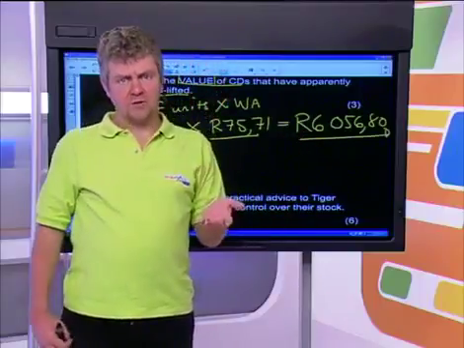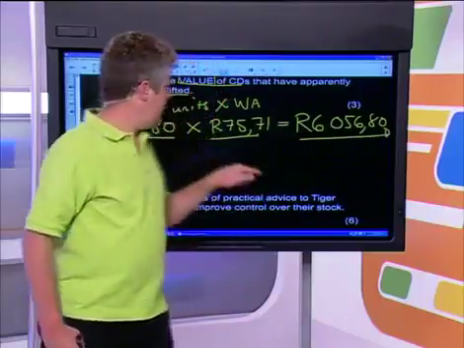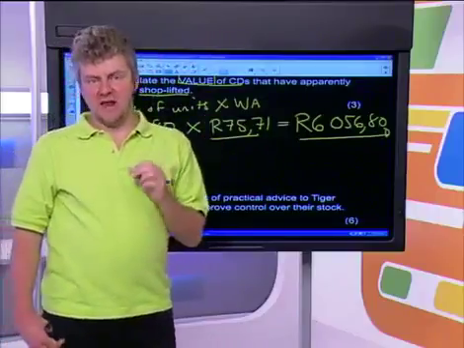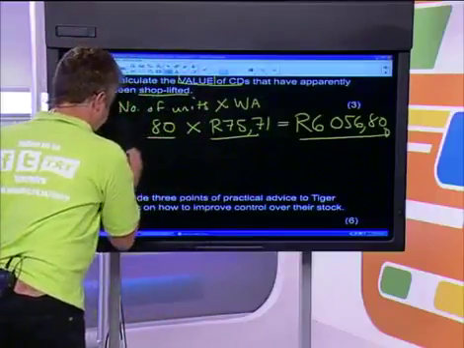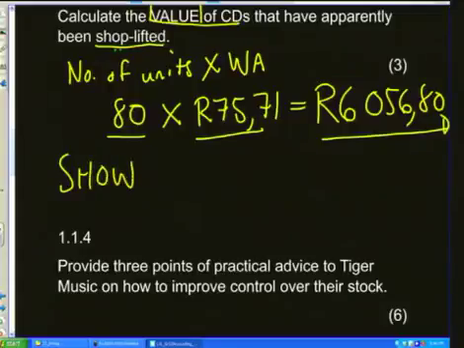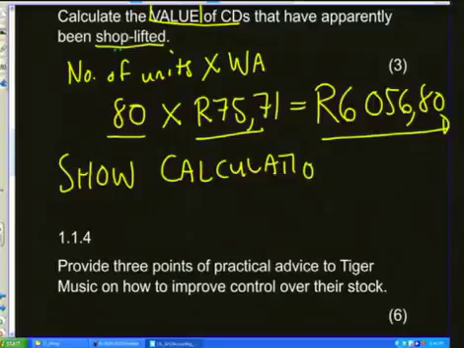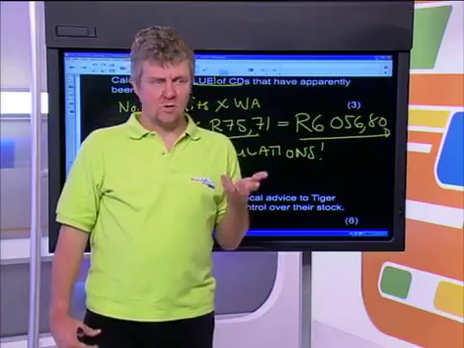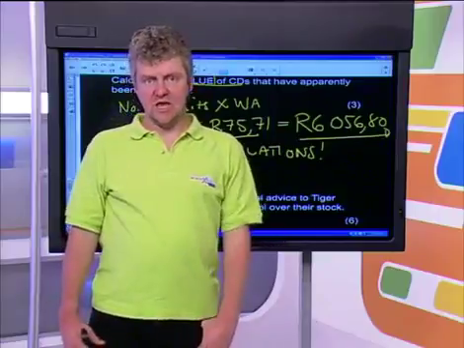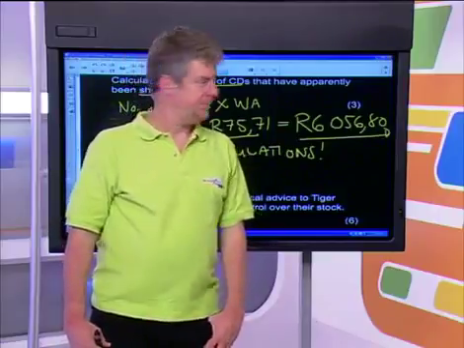You can get 2 out of 3 or even 3 out of 3 if you show that weighted average, and that is why, please, please, please remember to always show your calculations, because the examiner is going to check that you used a weighted average in order to calculate the value of the CDs that were stolen. And like I've said, you can still get almost full marks for the question as long as the examiner can see what it was that you did.